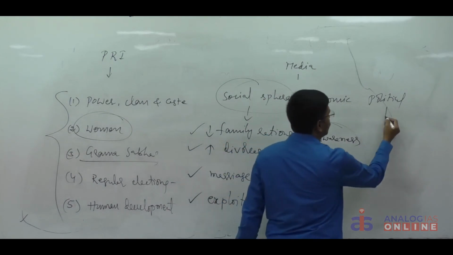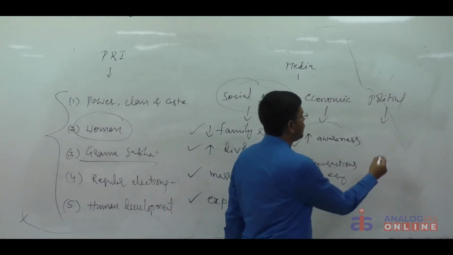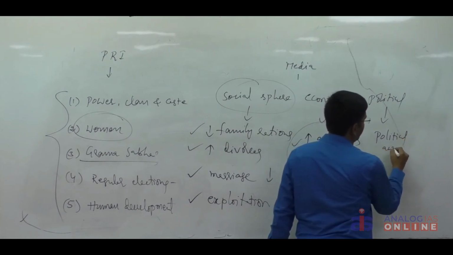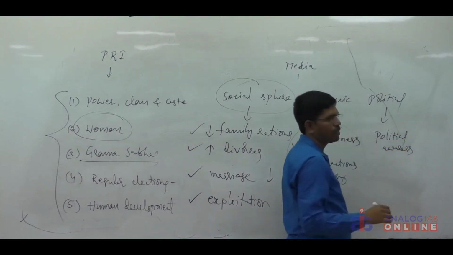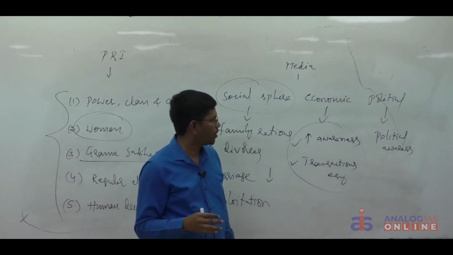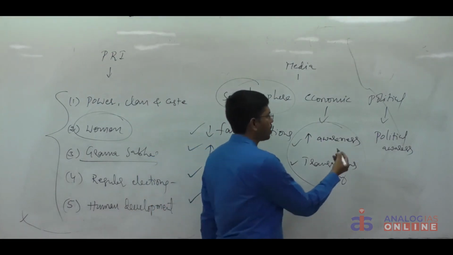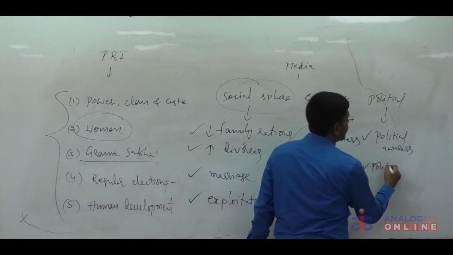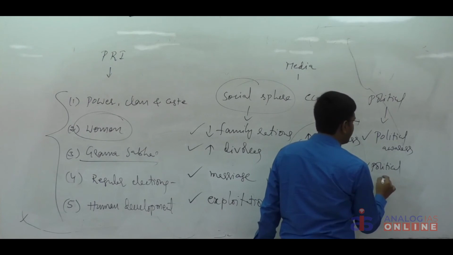And with respect to the political sphere, there is an increase in political awareness. The lower caste people came to know about the rights or the protective measures taken by the government. Second, media is responsible for generating political interest, especially at the time of elections.